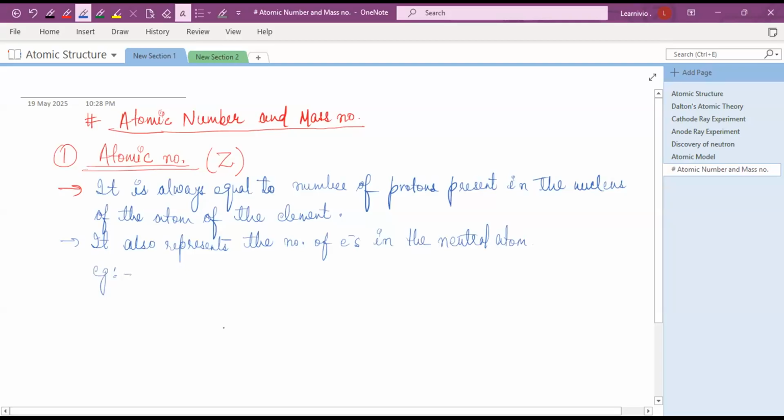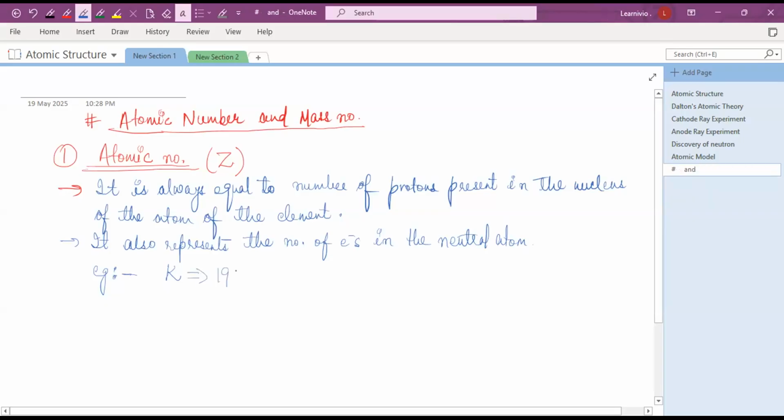Okay, for example, the potassium. What is the potassium atomic number, Neha? 19. Yes, right. So if the atomic number of potassium is 19, what does this mean?